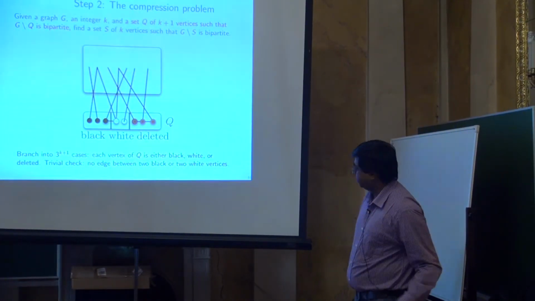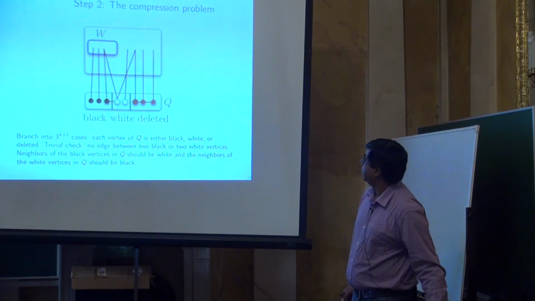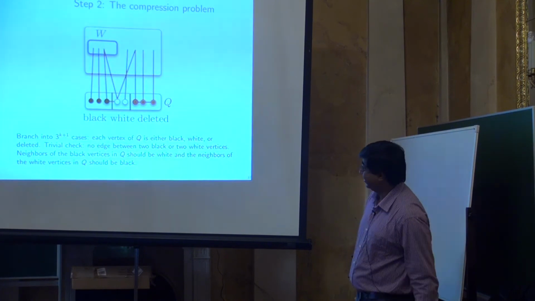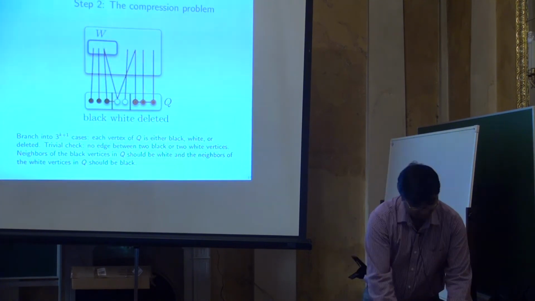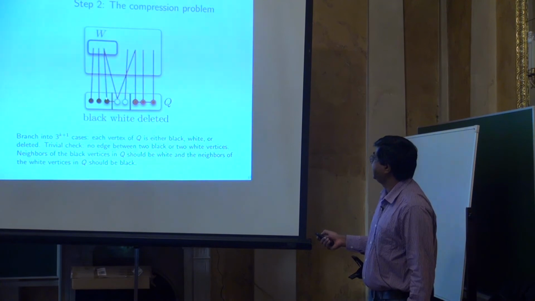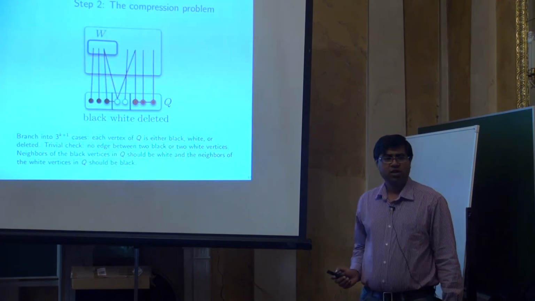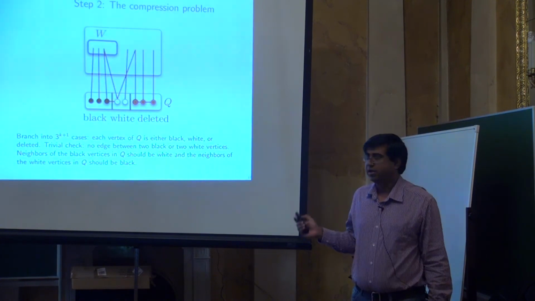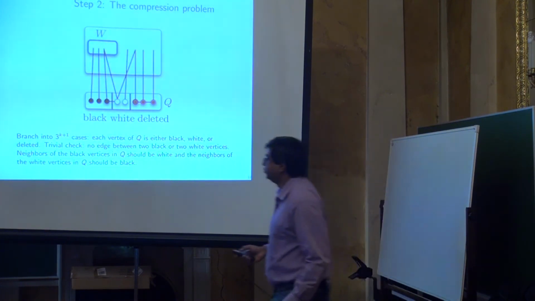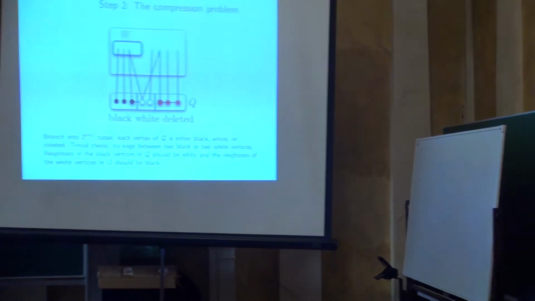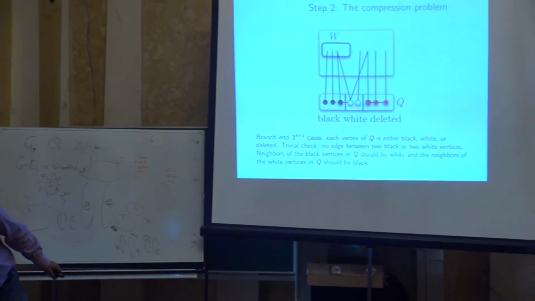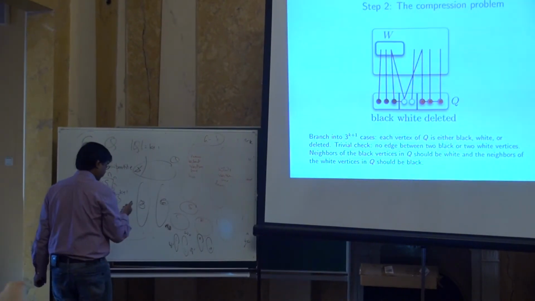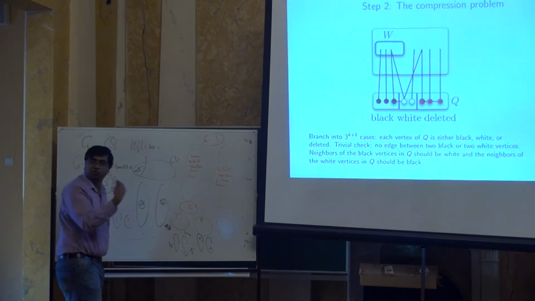Now, what should we do? Okay, this tells me something more interesting. It tells you that, look boss, if these guys are going to be black, then its neighbor should be white or deleted. Agreed? Okay, let's look at one particular guess.